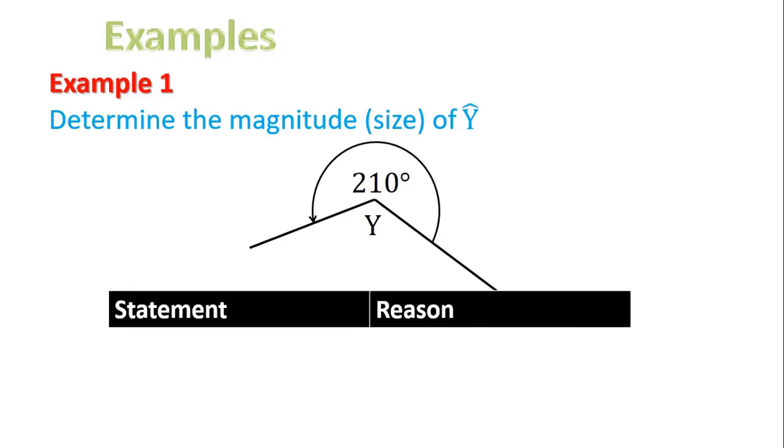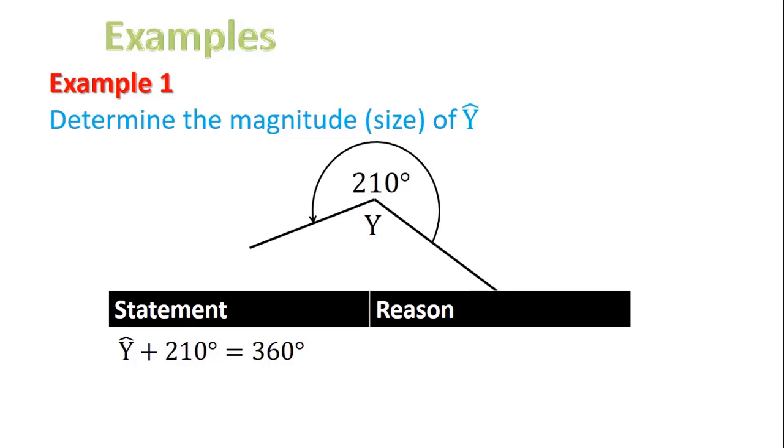Well, if we think about it, if I add all the angles together around a point, it must come to 360 degrees. So, in other words, y plus 210 must equal 360 degrees.